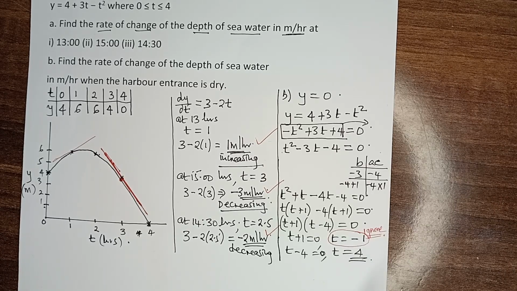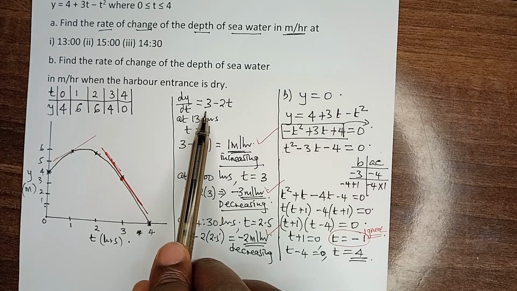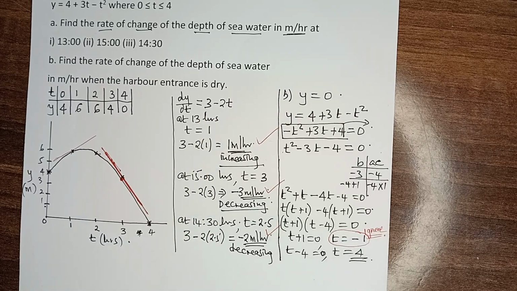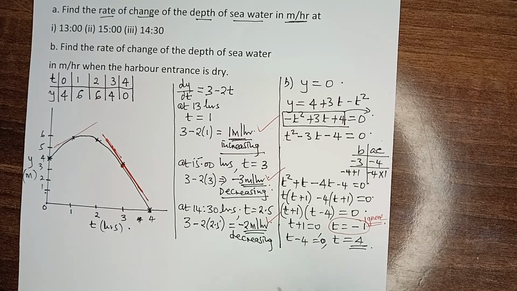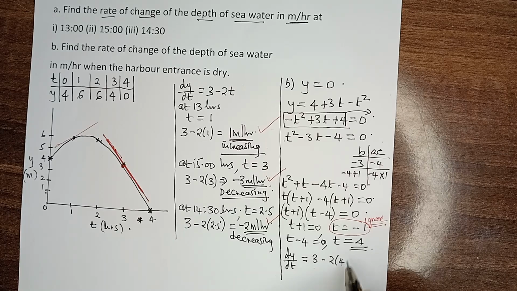Now, find the rate of change of the depth of the seawater in meters per hour when the harbor entrance is dry. Now what do we do? We just have to substitute t in the gradient function, or the dy/dt, because they are talking about the rate of change, meaning that dy/dt is going to be 3 minus 2 times 4.